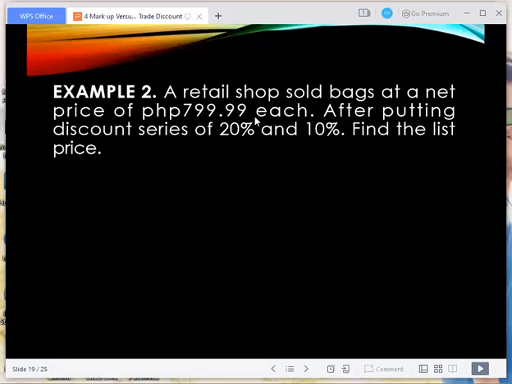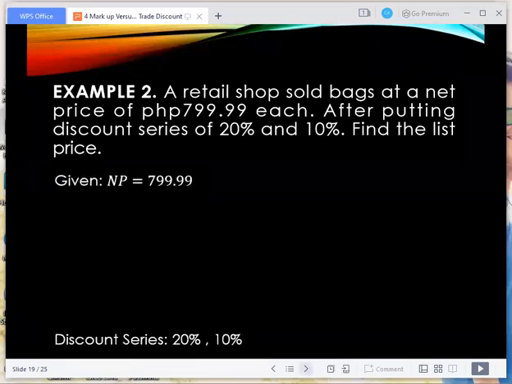Now, look at this example. What we want is the list price. The net price is already provided. That is 799.99 pesos. But you have a 20% and 10% discount series. So what was the original price of the bag?